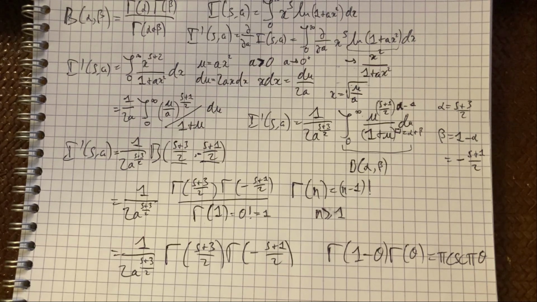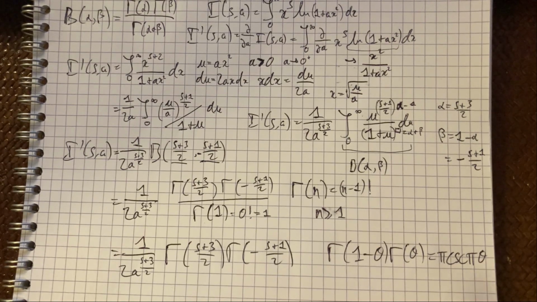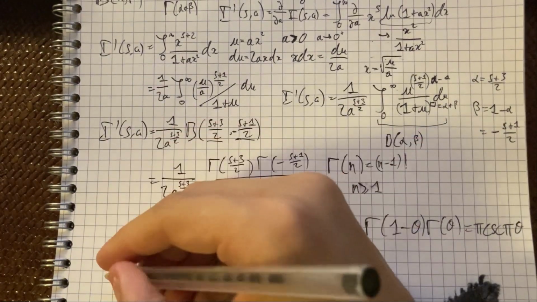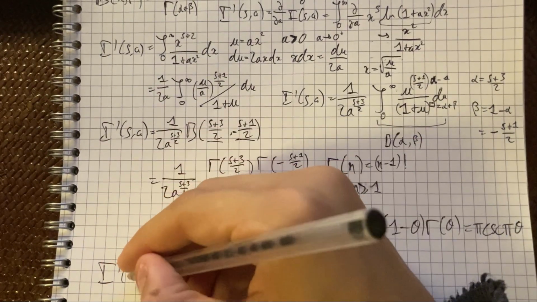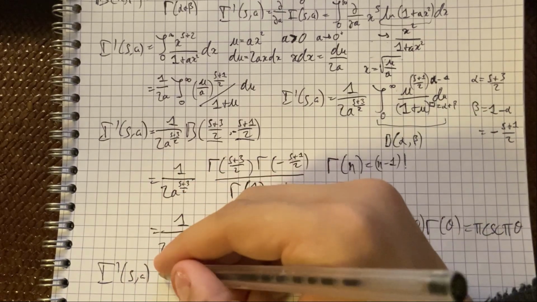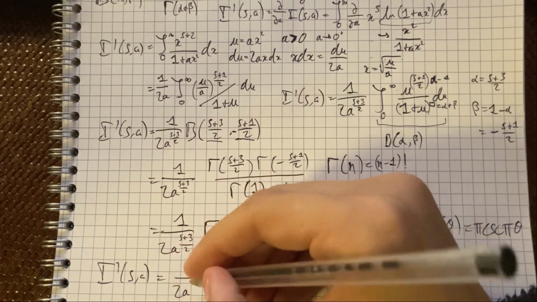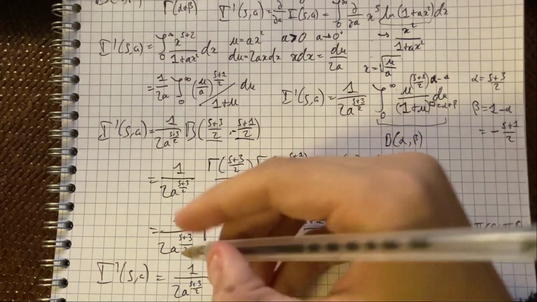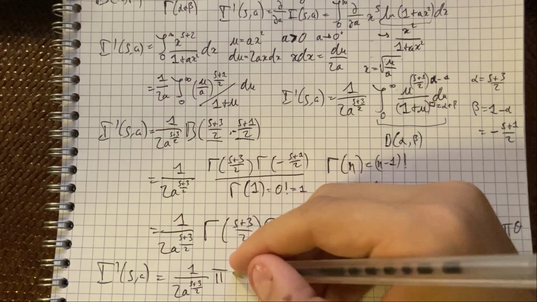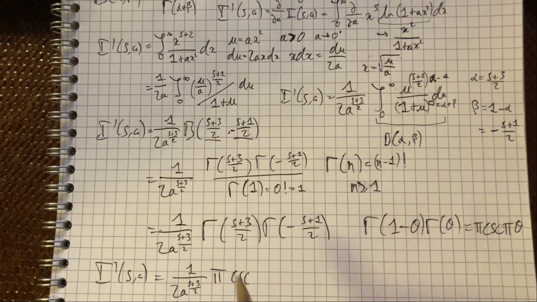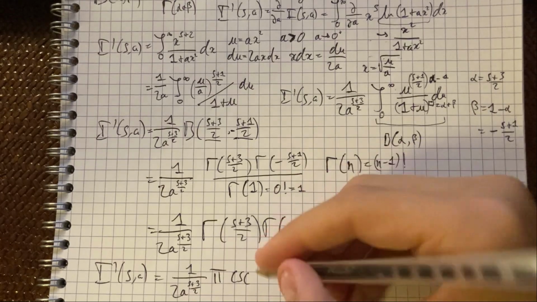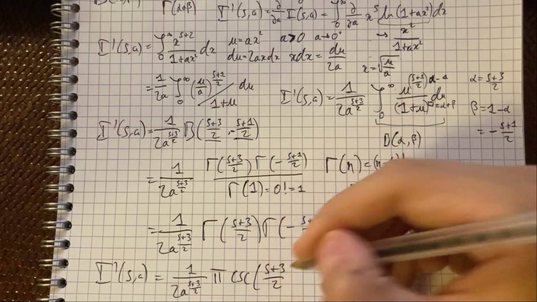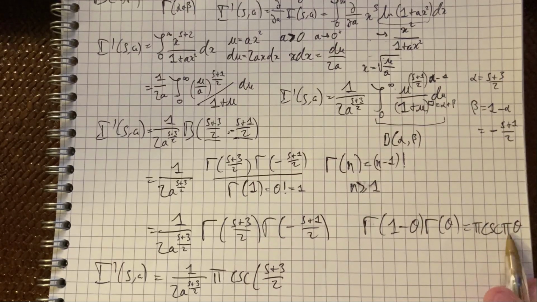We now can write our integral I prime of SA in terms of cosecant. I prime of SA equals 1 by 2a to the s plus 3 by 2 power times pi times cosecant of s plus 3 by 2 times pi.